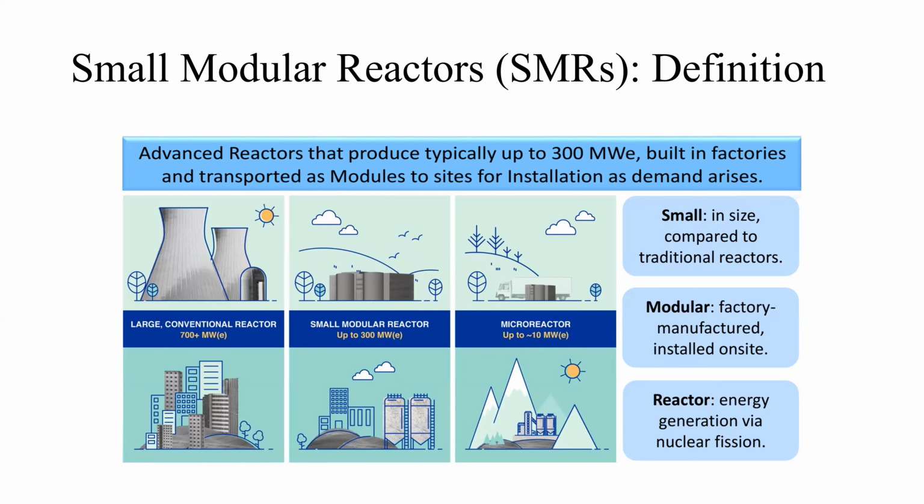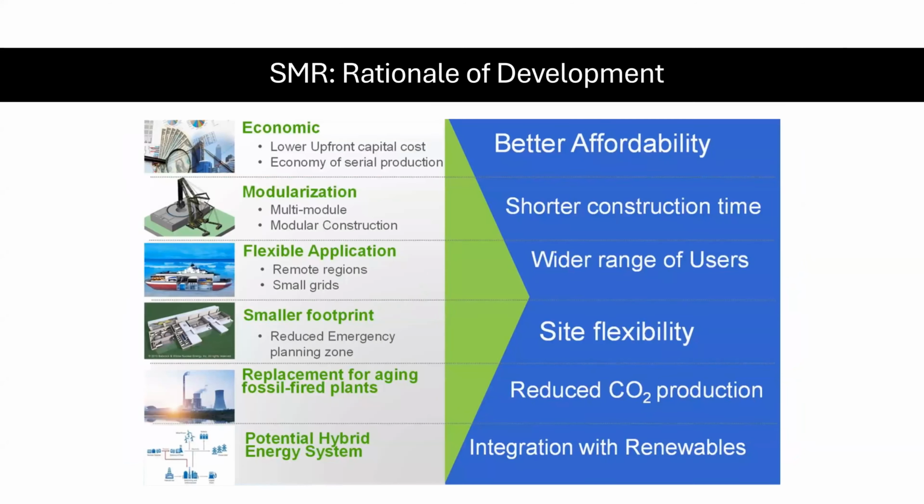Small modular reactors are basically what we saw, however in a smaller size. Small in size, modular because they can be built and fabricated in a factory and moved to wherever you want. So you can order one exactly as you like, from an energy point of view and in features. It's up to 300 megawatts electric.